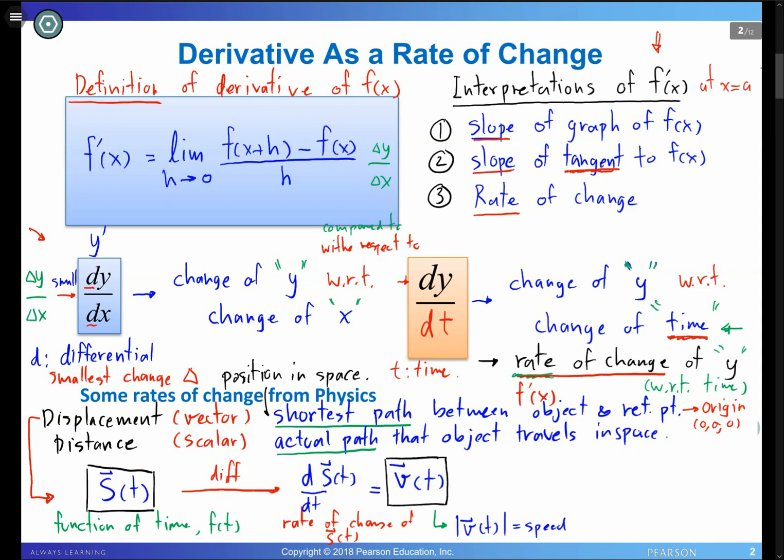Now, we don't have to stop here. We can start to observe the rate of change of the velocity over time. So let's do that over here. We want to know the rate of change of velocity, v of t. We know that we have to find the derivative of that. So let's diff velocity again.